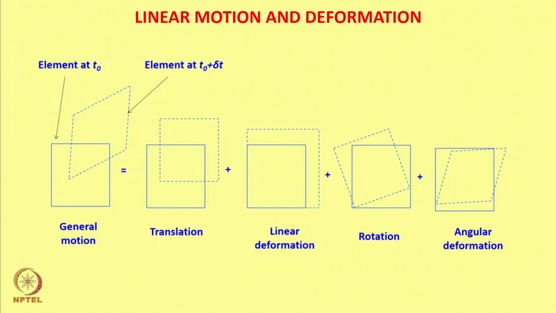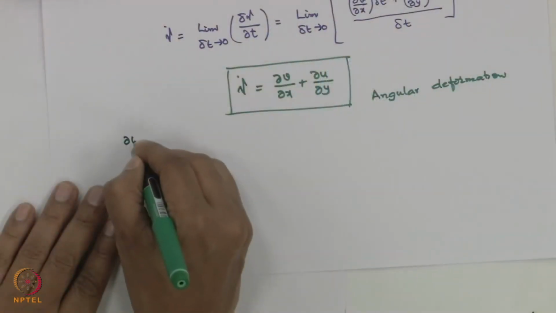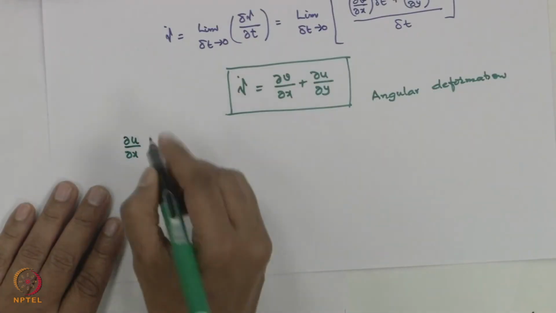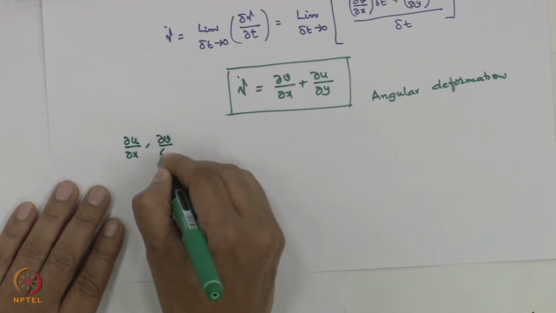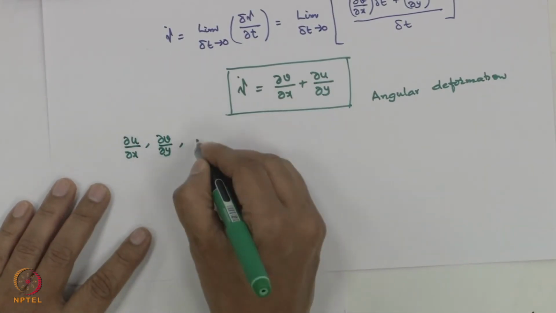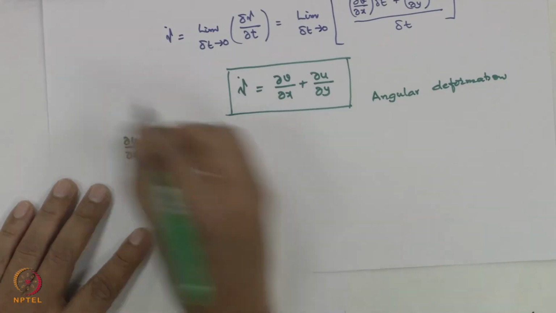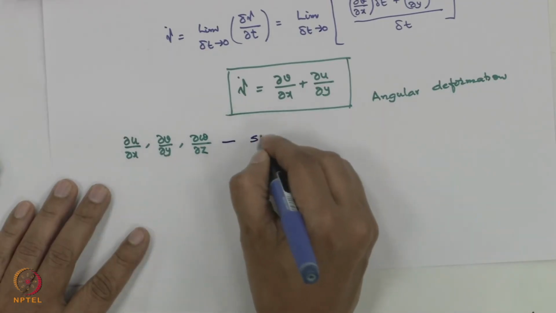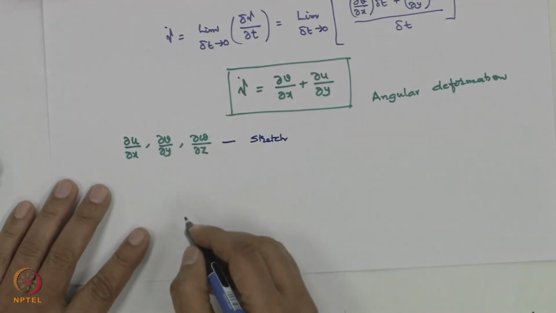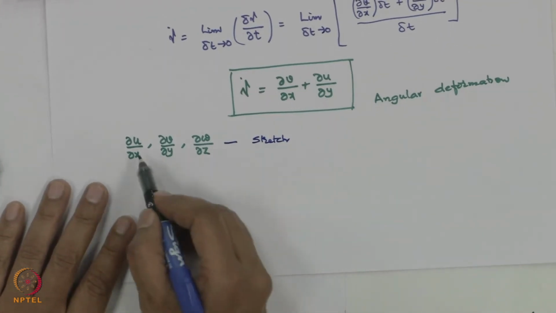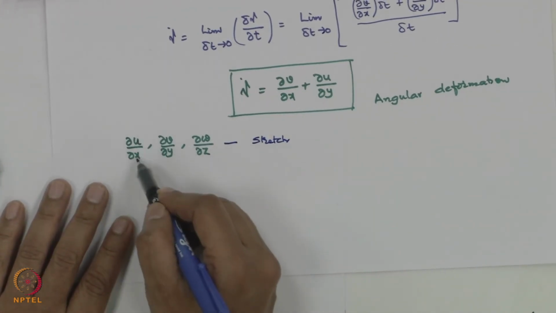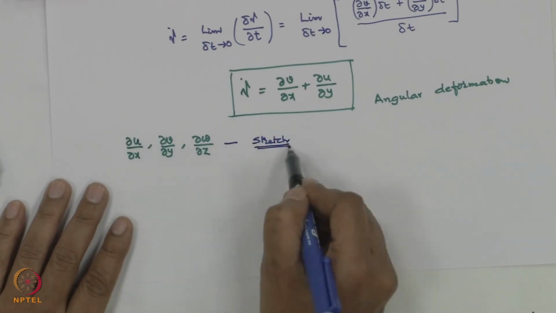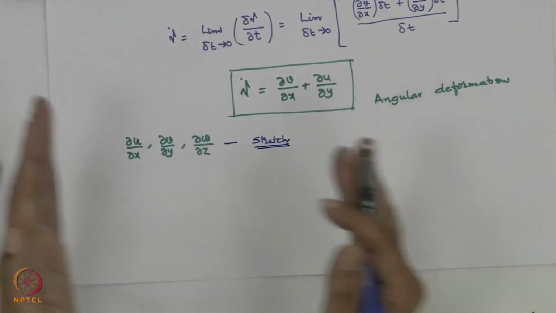So we said that the linear deformation, just to summarize, is that if you take velocity u varying in x, where u is in the x direction, v in the y direction, w in the z direction, that is the same velocity in the same direction changing, that would cause stretching. So we should remember that del u by del x is not just velocity variation in x, it should be imagined as my fluid element either stretching or getting compressed.